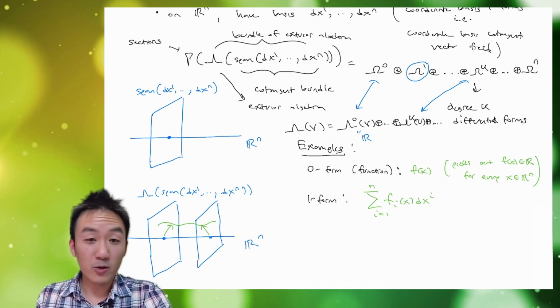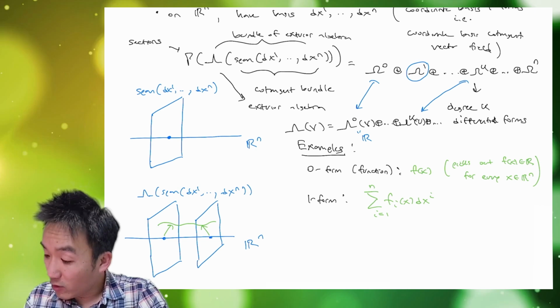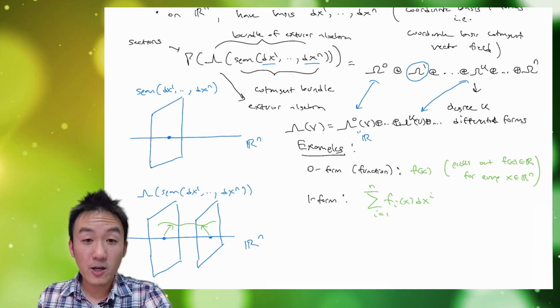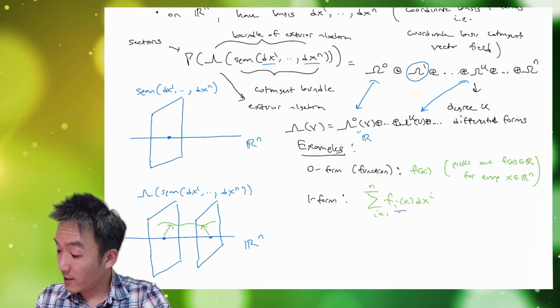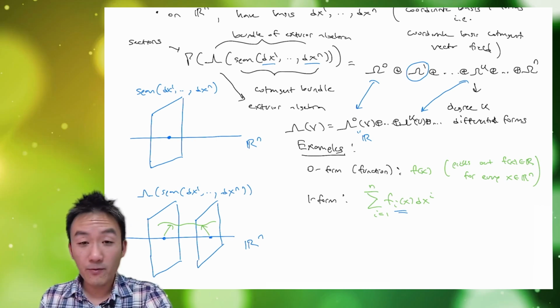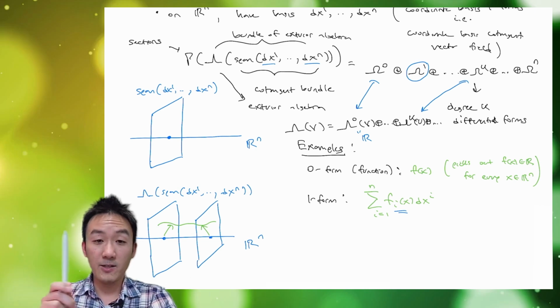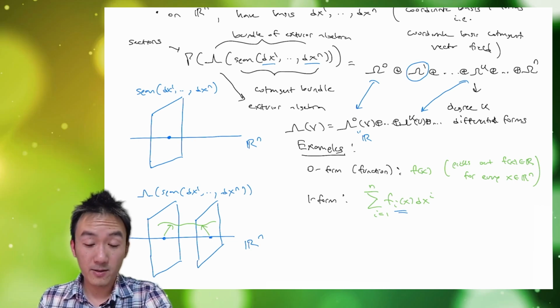So it picks out something that has one wedge product. In other words, it picks out some linear combination of these dx_i's here. And that linear combination has coefficients that vary in space. And those coefficients are precisely the f_i's. So the way you should think of a one form is that it picks out some linear combination of the dx_i's as you move in space. And that linear combination is precisely given by the f_i's. It's the coefficient of the dx_i's.